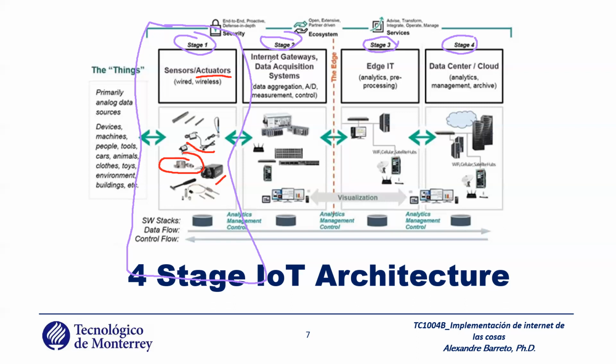The second stage is the internet gateways or data acquisition system, okay? For example, here you have a camera, a very small device that has a lot of constraints.